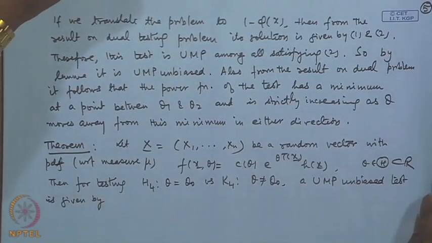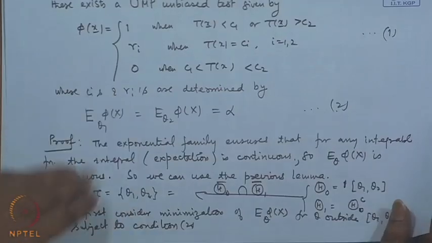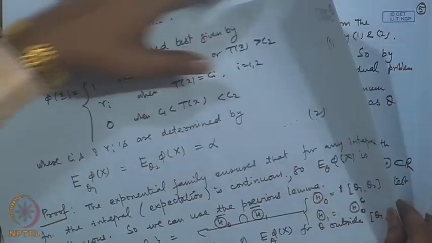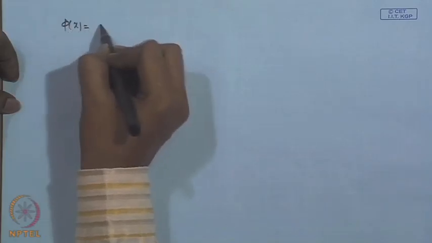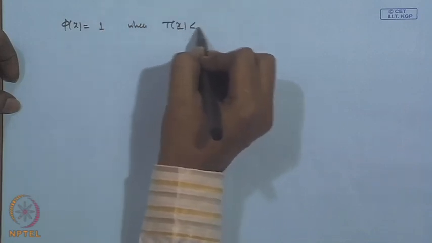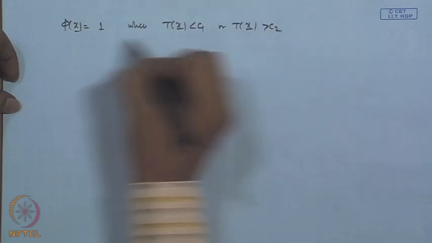You note here that the form is given by the test which I have stated for the previous problem. However, the size condition will get modified. So, let me give it here. It is phi x is equal to 1 when t x is less than c 1 or t x is greater than c 2.